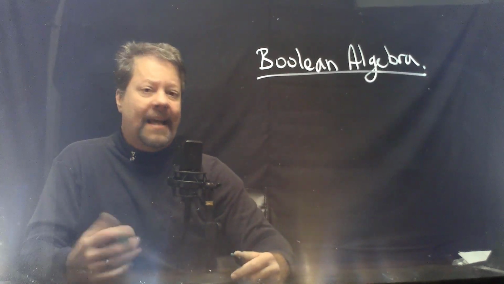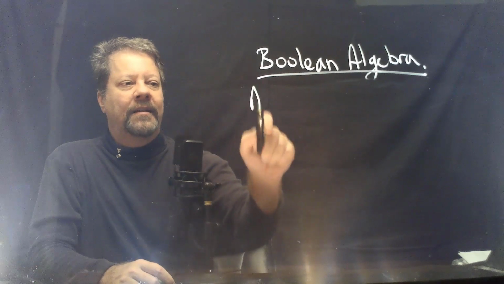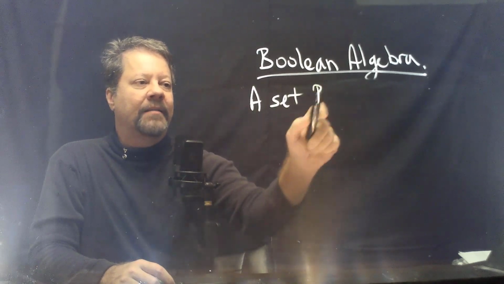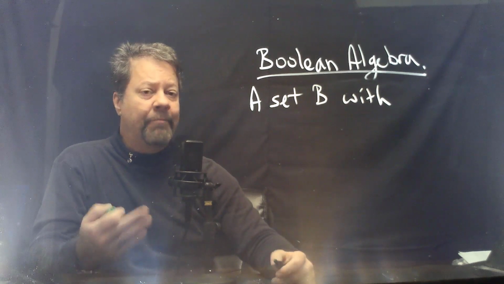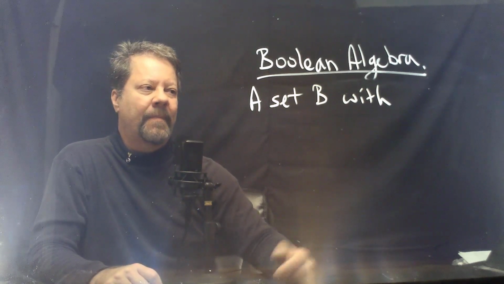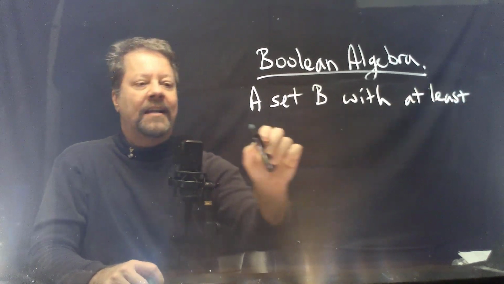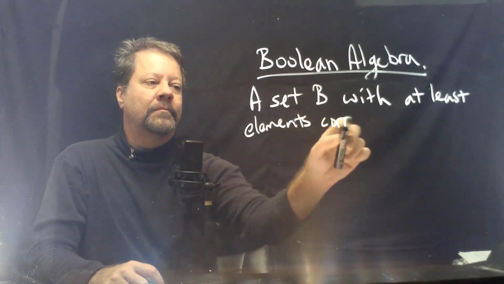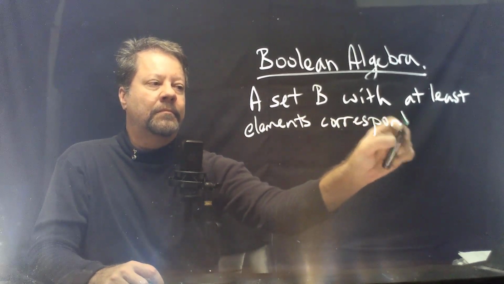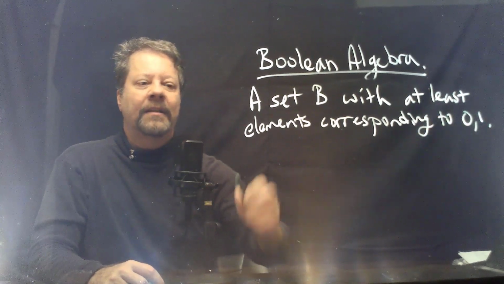So what is an abstract Boolean algebra? It's a set B, which could have more than 2 elements, with at least elements corresponding to 0 and 1.